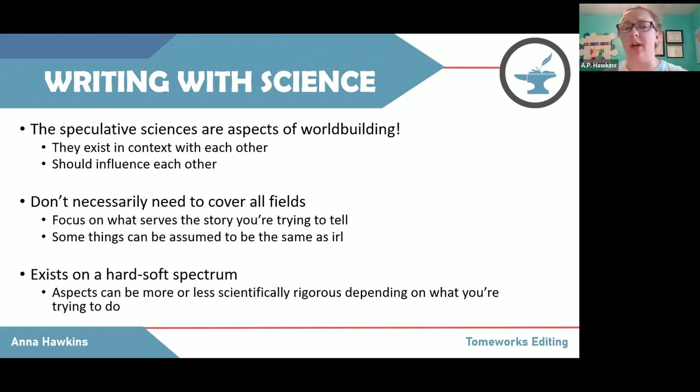Like I mentioned with Children of Time, it's very scientifically rigorous in terms of biology. However, in terms of technology, it's less so. The story that author's trying to tell is more about the biology than about the technology itself. And so think about how all of those elements go together to serve your story.